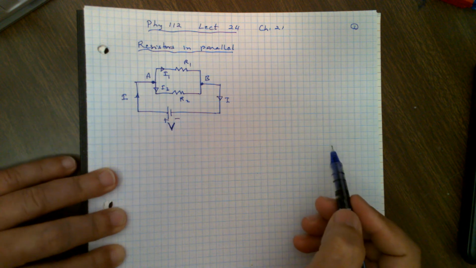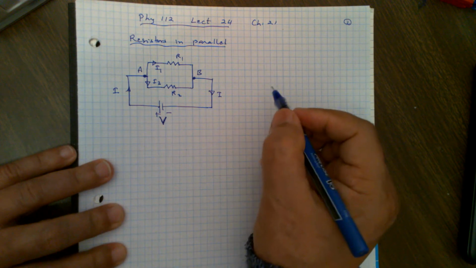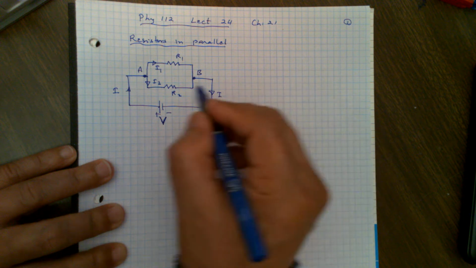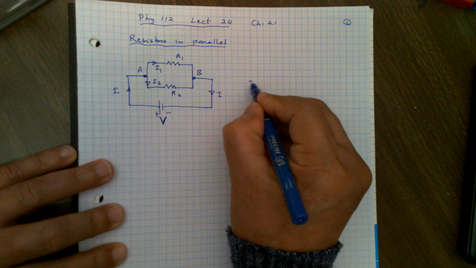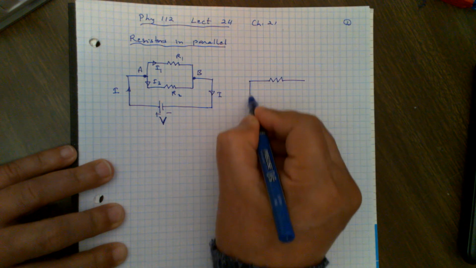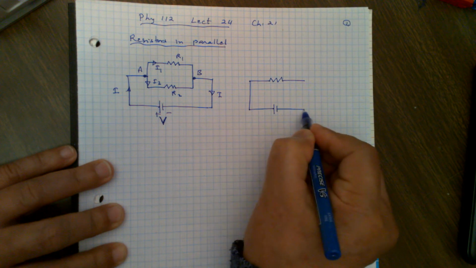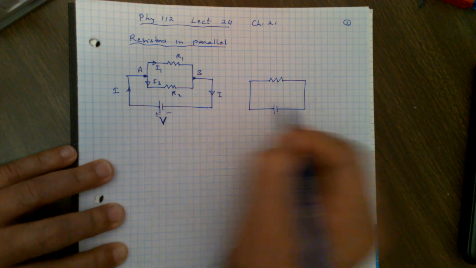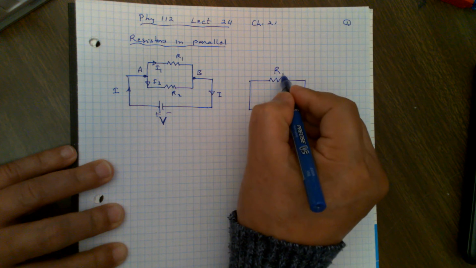Alright, so now what do you mean by an equivalent resistor? Instead of having these two parallel resistors, let's suppose I have only one, which will have the same effect as having these two in parallel. I call it R total or R parallel.